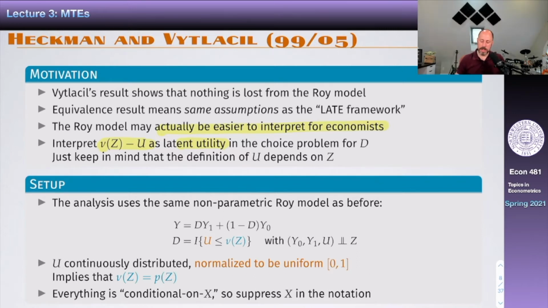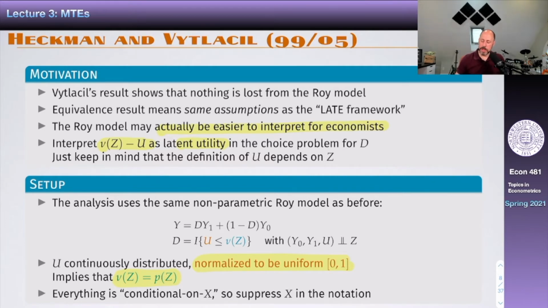U is continuously distributed, and it's going to be normalized to a uniform random variable on 0, 1. This normalization implies that this b here is just going to be the propensity score. And everything is going to be conditional on x. So we're not going to have any other x's. When we get to the application, we'll have no choice but to bring back the x's, and we're going to describe what's going on with the x's at that point.